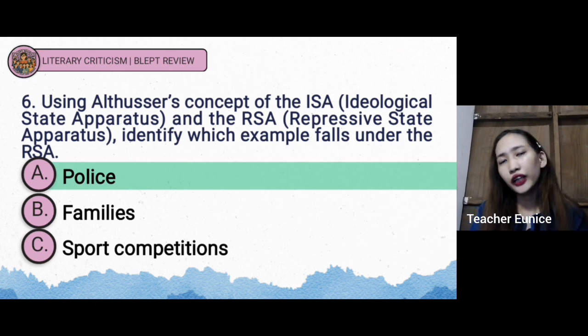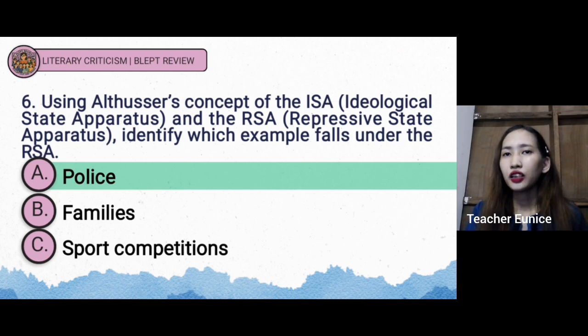On the other hand, ideological state apparatus refers to those apparatus that are able to mentally influence the population, those that act to construct the values and ideologies which govern the way people behave. So police falls under RSA because police make people obey the laws and rules of a society.